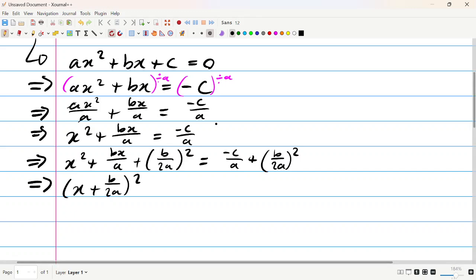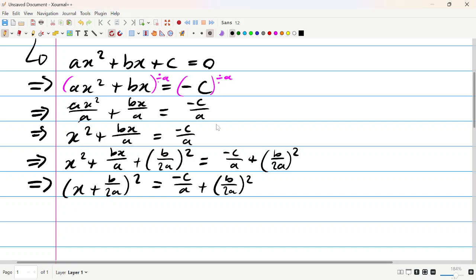Okay, so I know this 2 is here, but at the same time, when you think about it, from the standard form, you would usually have something like 2ab, but the 2 will somehow cancel. Okay, and we have a square. And this is going to be equal to the same thing. So negative c over a plus b over 2a raised to the power of 2.